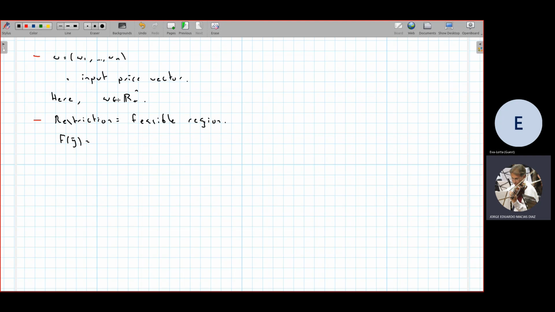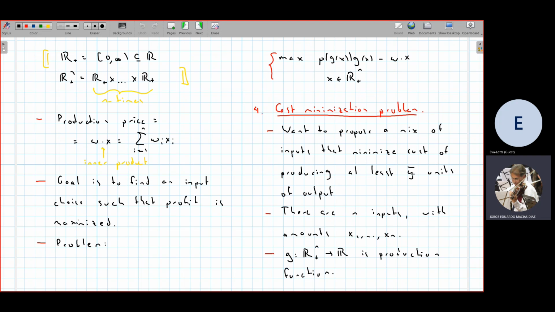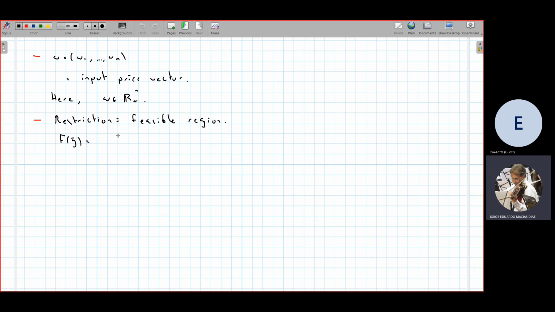It's going to depend on this number y bar, the least amount of units produced. It's going to be the collection of x in R plus n such that the production is greater than or equal to y bar. Again, remember, g represents the production function.